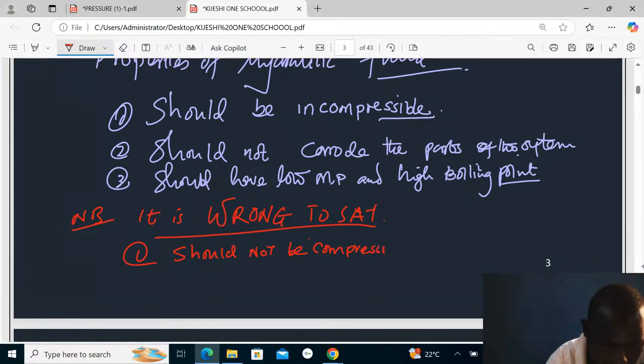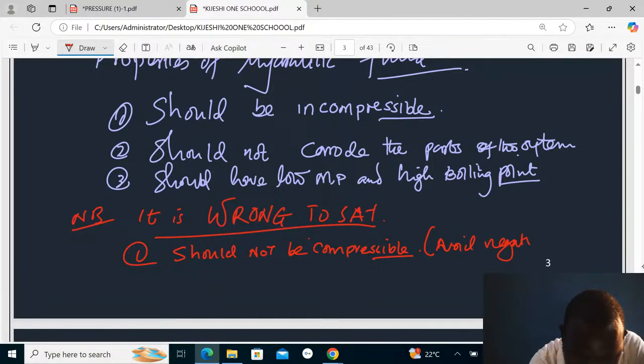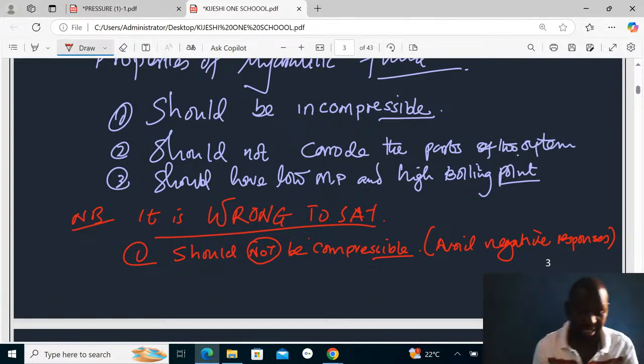Why? It avoids negative responses. Because the next time you may forget to include the term incompressible and you have carried with yourself the term not, then you are going to miss the point. We may proceed.